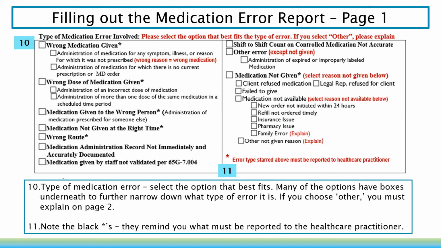This is where you would check whether it's wrong medication given, wrong dose, given to the wrong person, not given at the right time, the wrong route, medication administration record not immediately or accurately documented, medication given by staff not validated as per 65G-7.004, shift-to-shift count of controlled medicine not accurate, and if there's errors that's not provided here, you would check other, and of course medicine not given, and then the reason why.